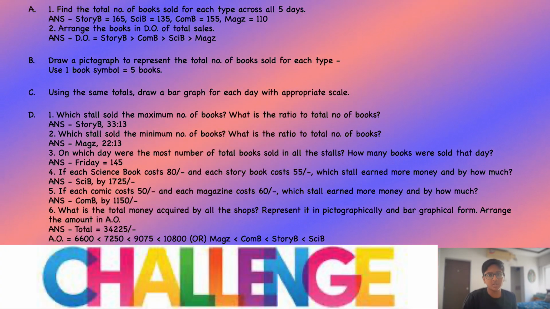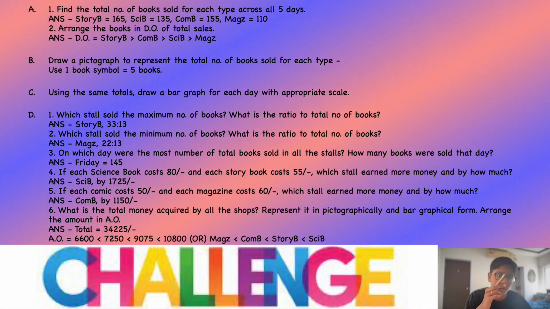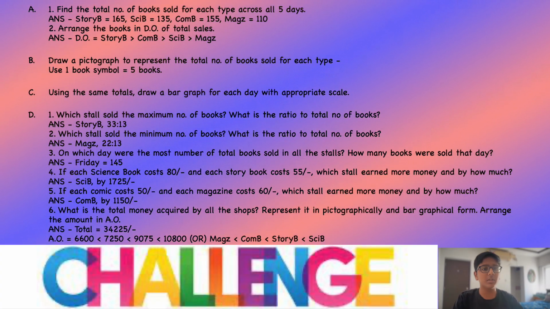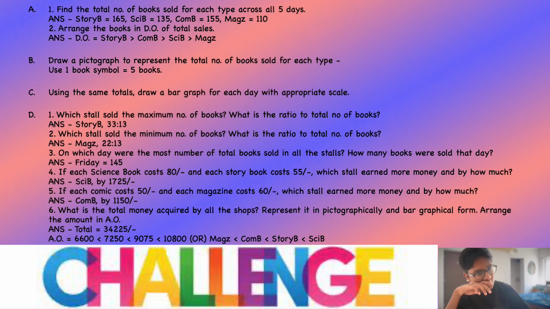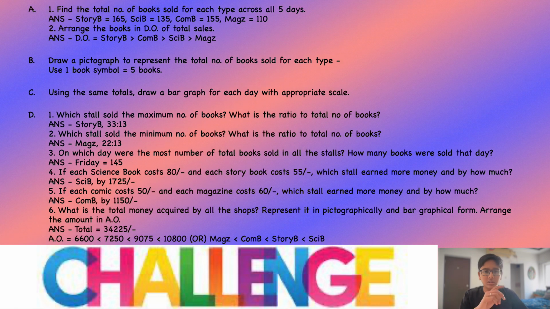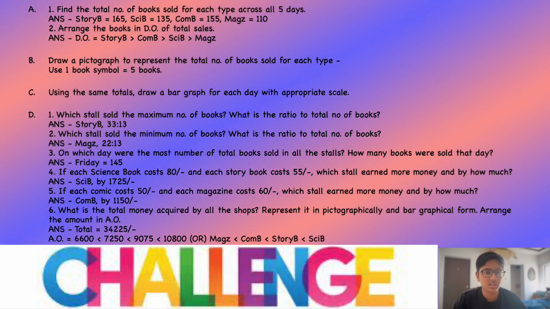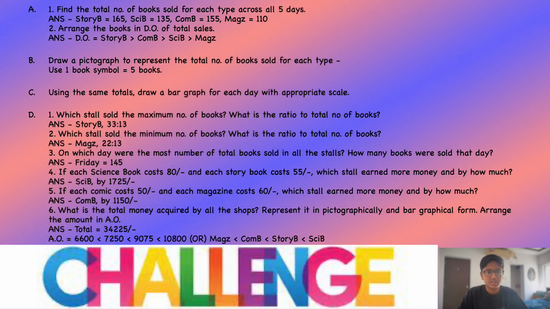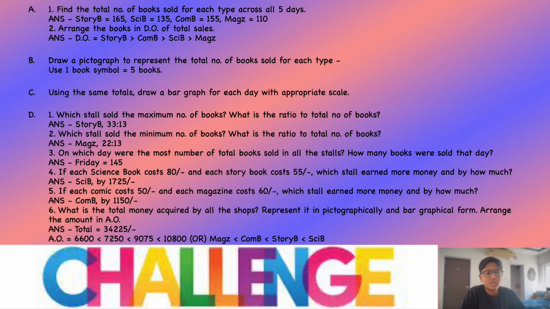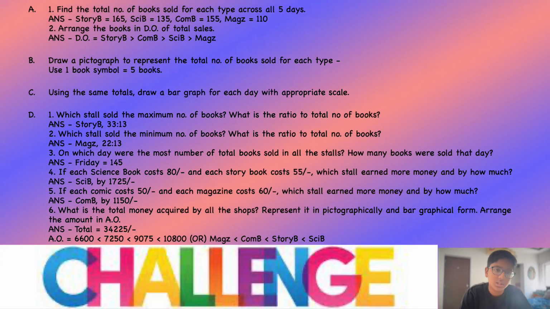Now, pictographs and bar graphs are something you have to draw by yourself. Which stall sold the maximum number of books, and what is the ratio to the total number of books? The answer is storybooks, which sold 165, and the ratio is 165 by the total.